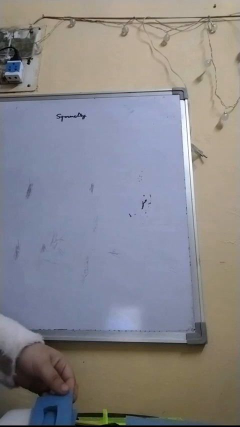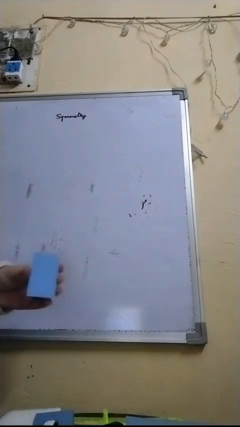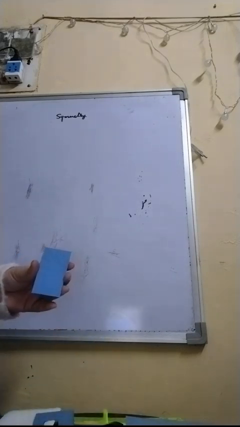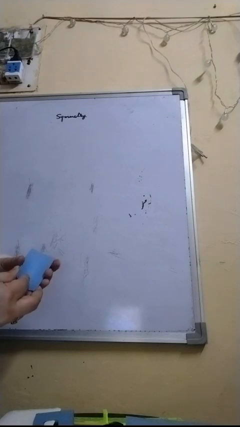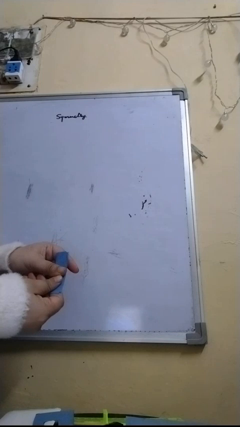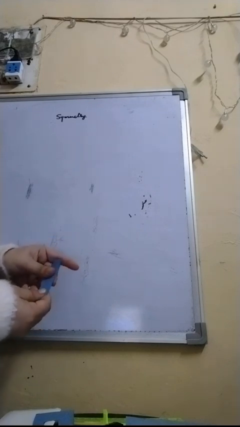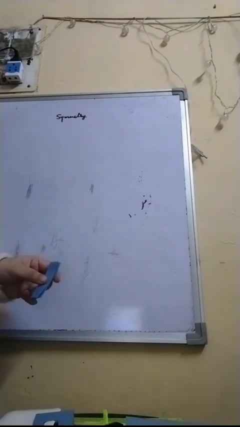So there is a fourth part, there is a rectangle. So let's take a rectangle. So this is a rectangle and it has been folded vertically, and then a rectangle is cut. This you have to keep in mind.